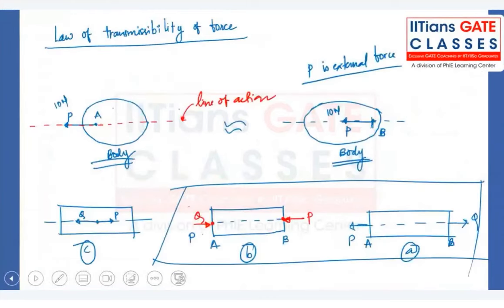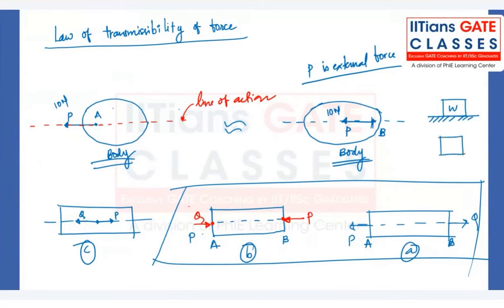Suppose this is a block of weight W, and you are drawing the free body diagram. The weight will act downward, so either you can write W here or you can draw it here.